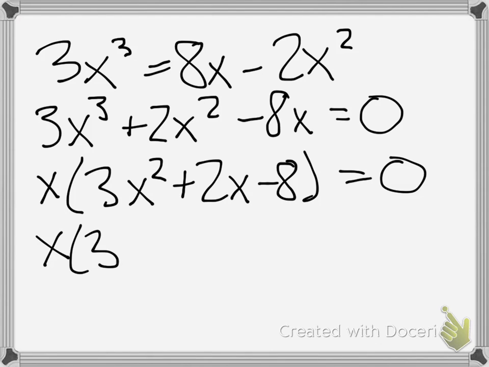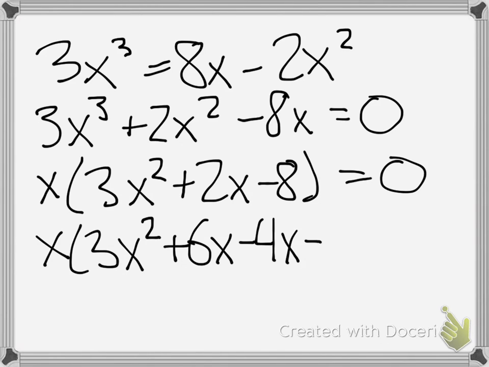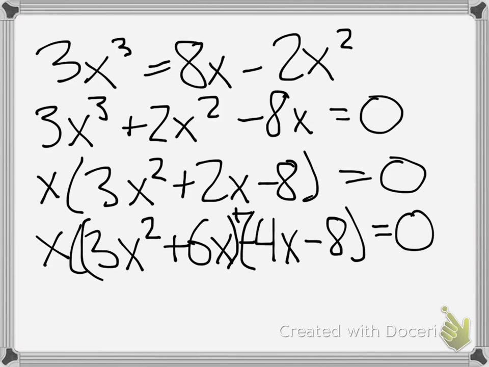x times 3x squared plus 6x minus 4x minus 8. Legit. I'll factor by grouping on the inside. Putting in a little extra plus there to make sure I don't have any errors. I'm leaving this x on the outside.